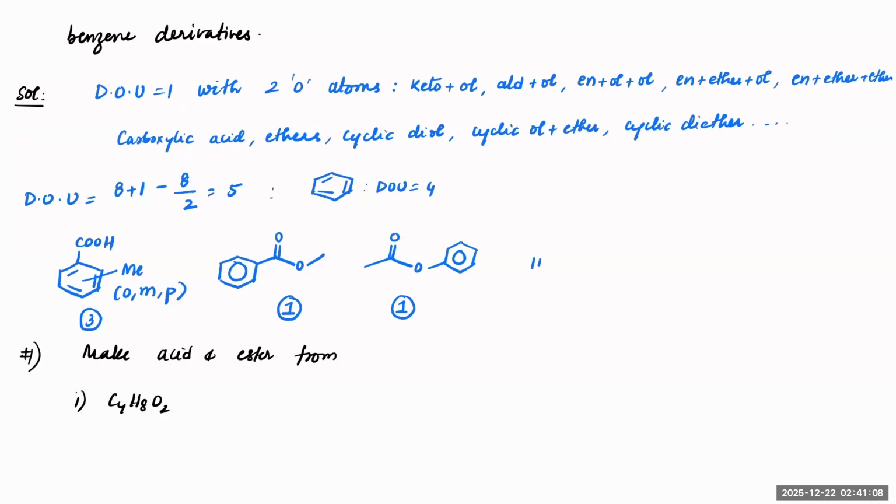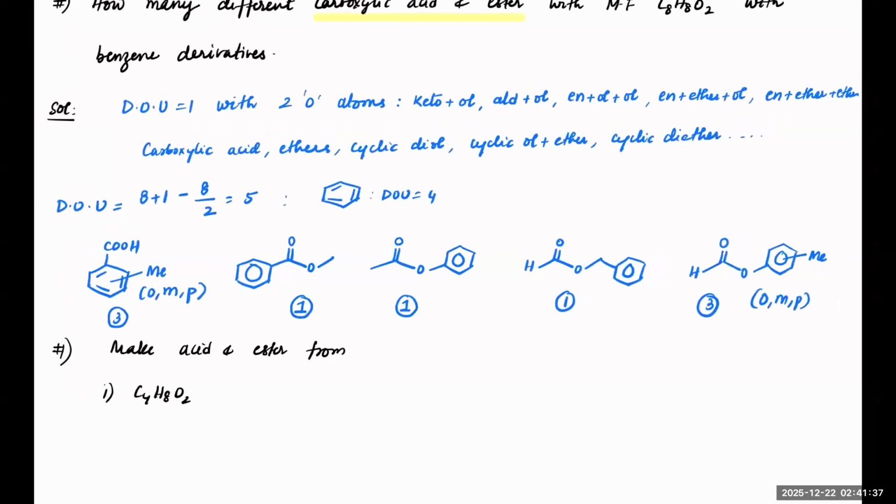Or I can also put one hydrogen here like this with a methyl and then benzene on it. So these are other possibilities I can have. This is also an ester only. And now I can directly connect with benzene, and on this benzene I can have methyl present at ortho, meta, or para position. So which means three other possibilities I can have.